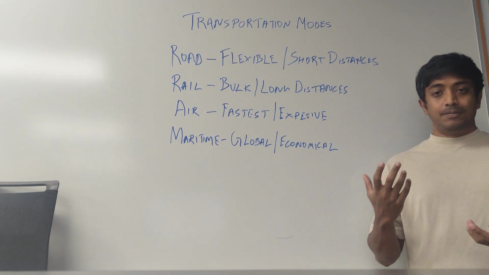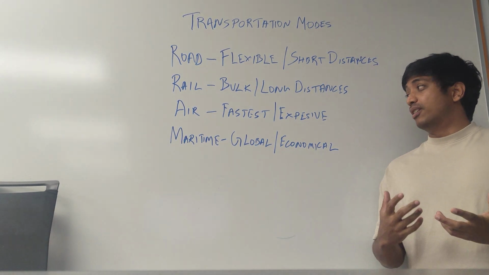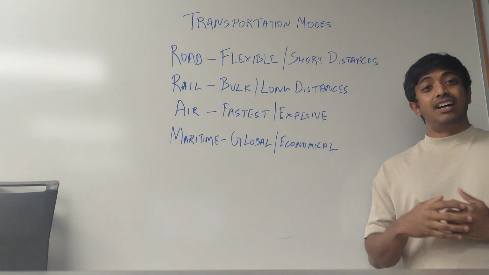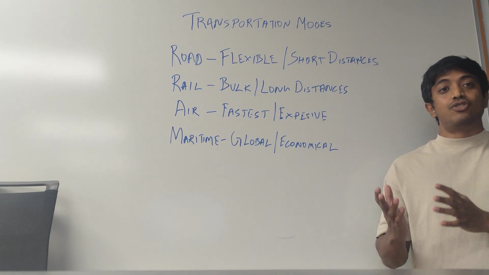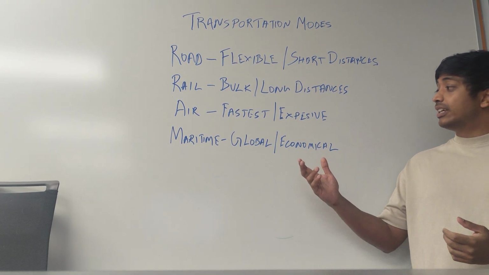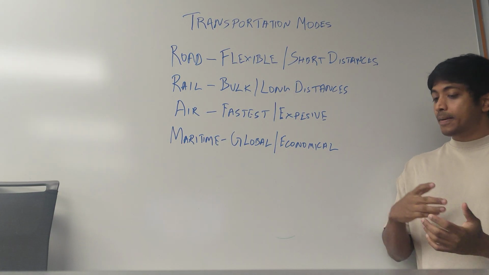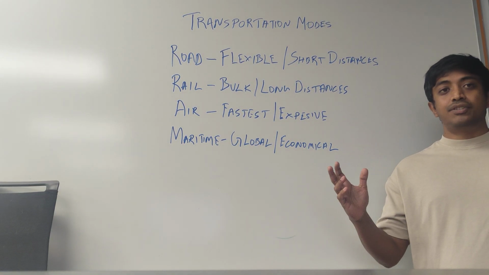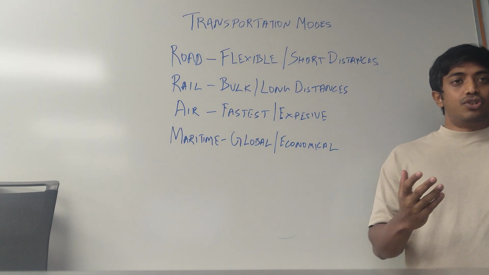Third is air transportation. It is the fastest, but the most expensive way of transporting goods. You cannot spend so much money to transport shipments. And finally, you have sea transportation, which is cost effective and best for bulky shipments and big containers, but it is a bit slower.